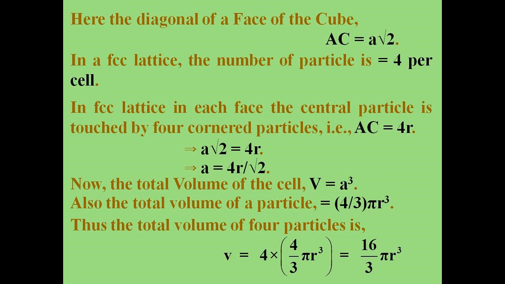Also the volume of a particle equals 4 by 3 pi r cube. Thus the total volume of 4 particles, small v, equals 4 into 4 by 3 pi r cube equals 16 by 3 pi r cube.